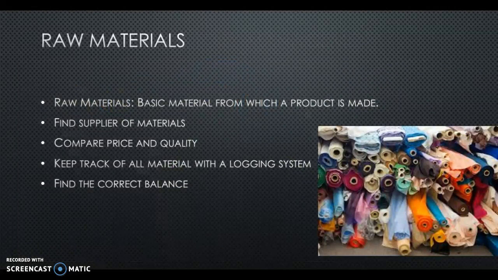So raw material: basic materials from which a product is made. As you see here in the picture, there's some fabric that can be utilized for creating clothes, bed sheets, all kinds of different things.